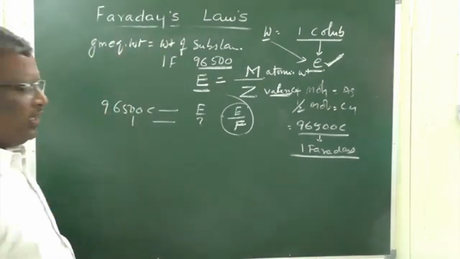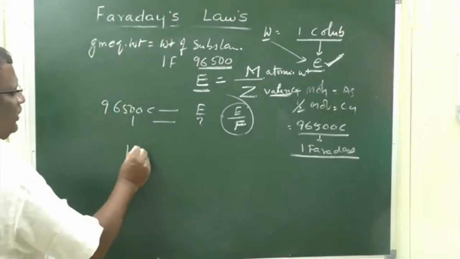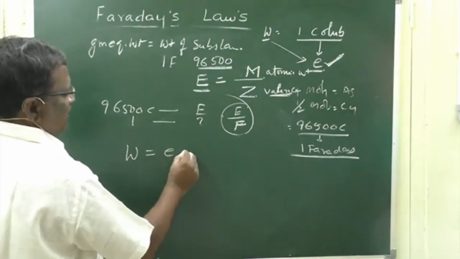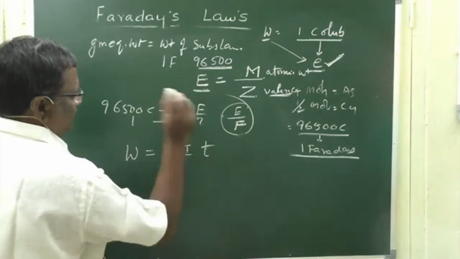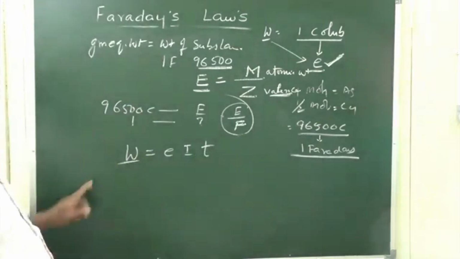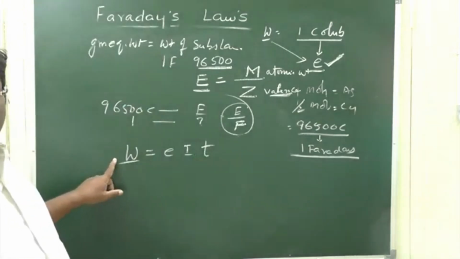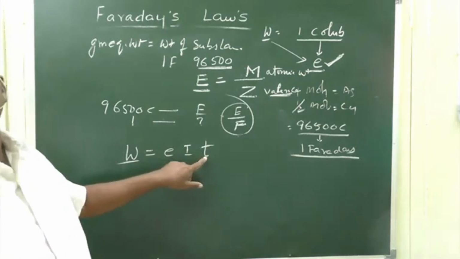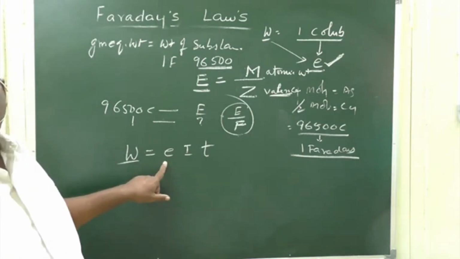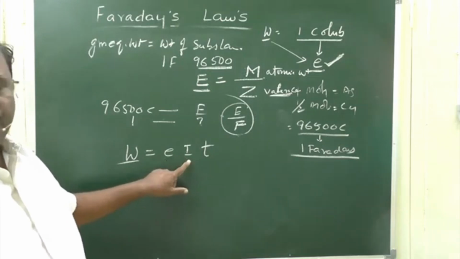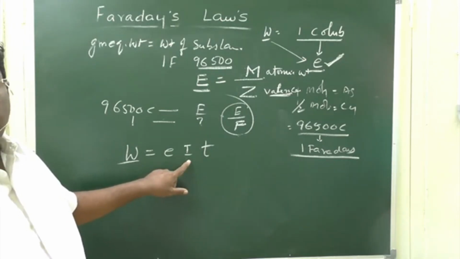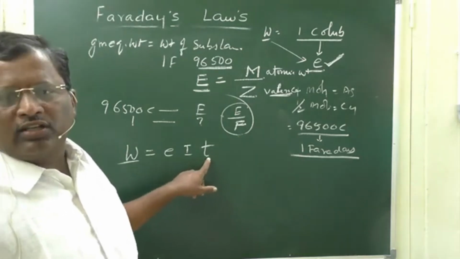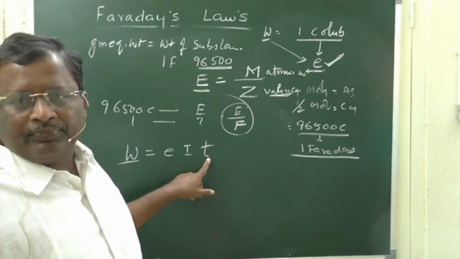Now, come to the first law. According to the first law, W is equal to e I t: the weight of the substance in grams deposited in an electrolysis is equal to e I t, where e is the electrochemical equivalent, I is the strength of current in amperes, and t is the time of electrolysis in seconds.